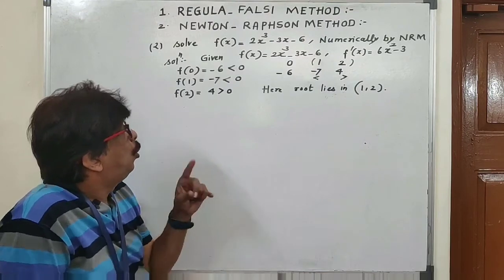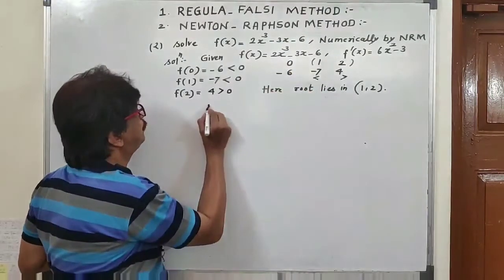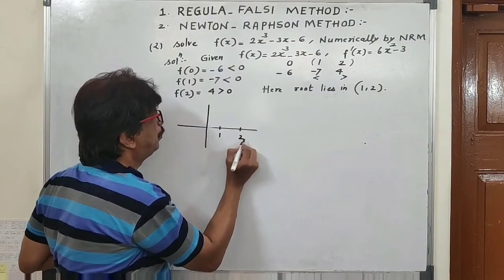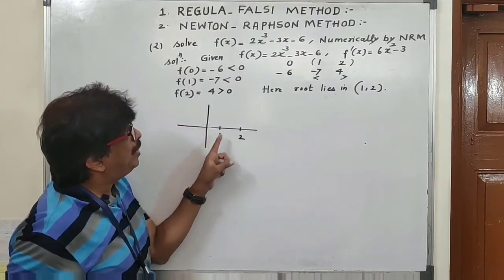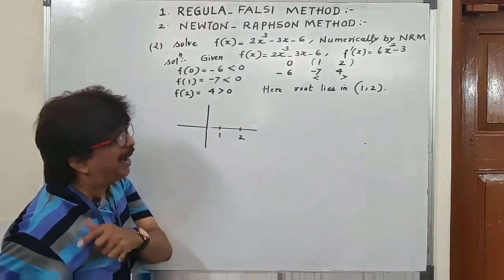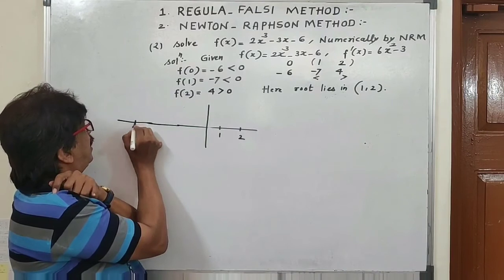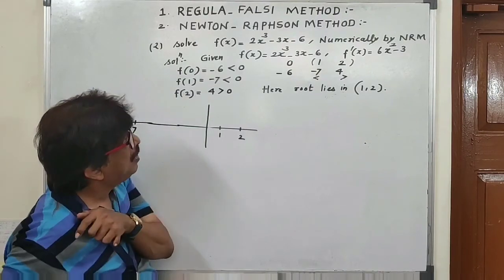Now, the root lies between 1 and 2. What is the f value of 1? f(1) is −7.